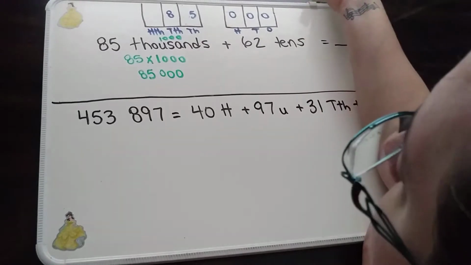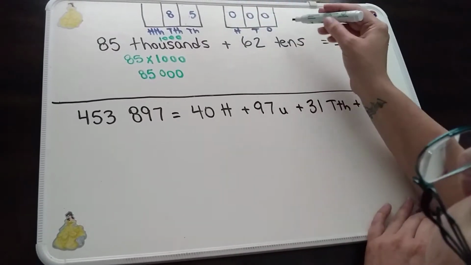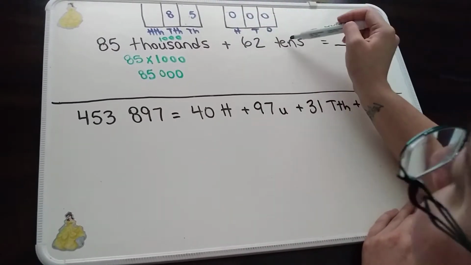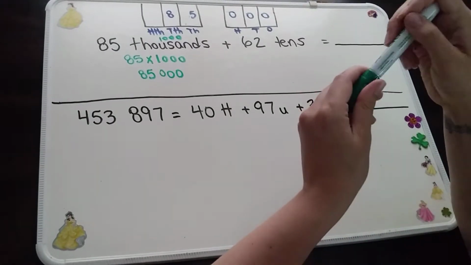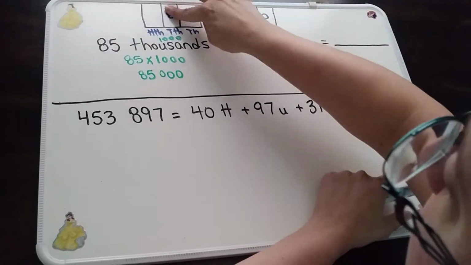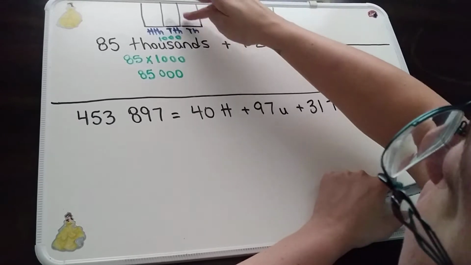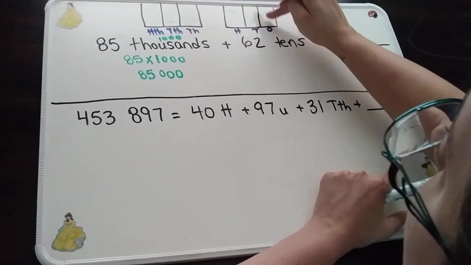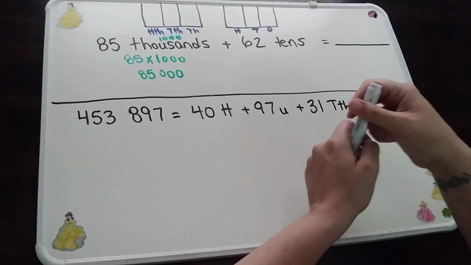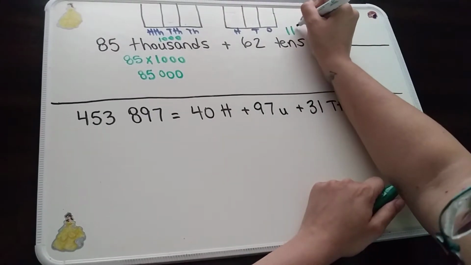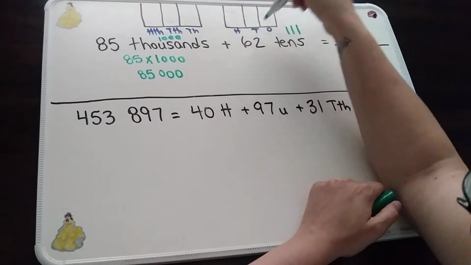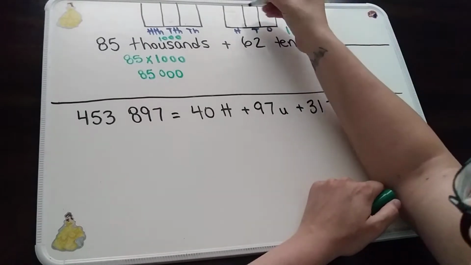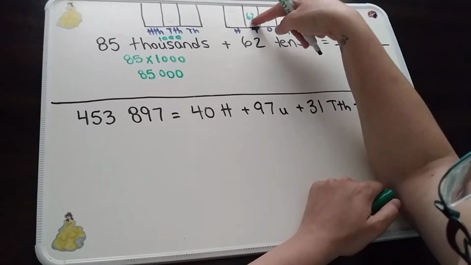Again, whatever you prefer. So to that, I'm adding on 62 tens. Okay, well again, it's not just 62, it's 62 tens. If you think back to base 10 blocks that you might have used when you were a bit younger, your tens looked like this. So you have 62 of these. 62 tens.